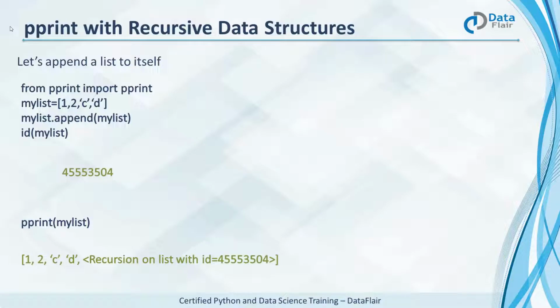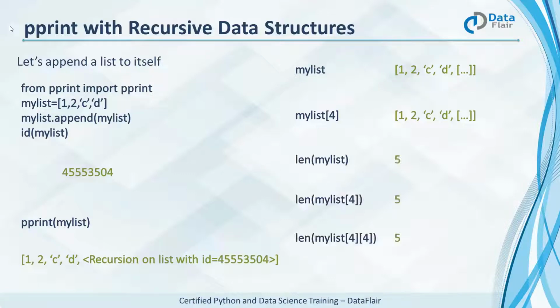This is the ID for my list. My list and my list of 4 are the same list now, thanks to recursion. The recursion keeps going. My list of 4, and my list of 4, 4 all have the same length, which is 5. Other elements have a length of 1.